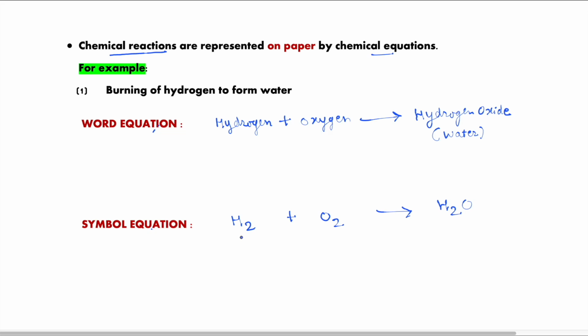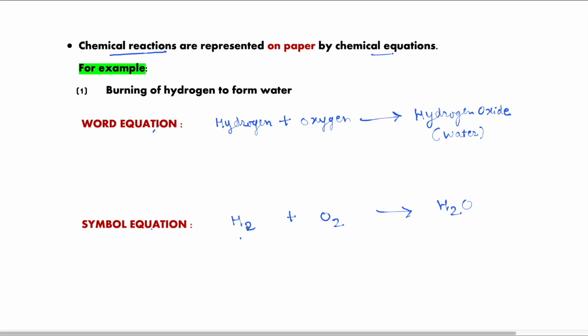Now, here the question arises: hydrogen is an element and it is represented by the symbol H, but we are writing H2 over here. Similarly, oxygen is another element whose symbol is O, but here we are writing O2. Why is it so?